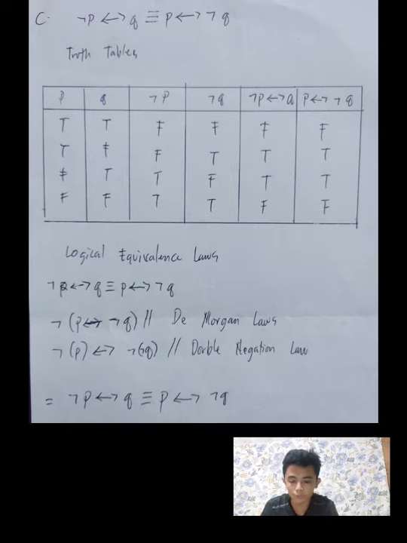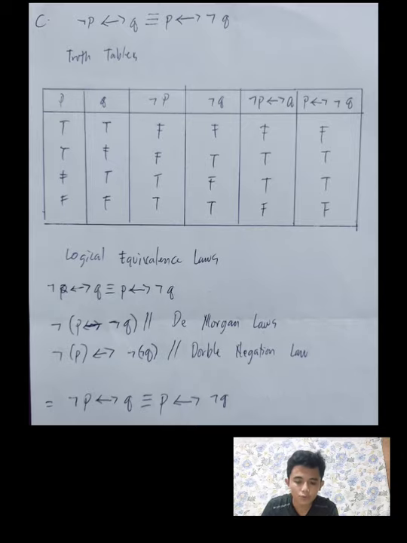For Q: true, false, true, false. The negation of P is false, false, true, true, since P is true so the negation is false. For the negation of Q: false, true, false, true.